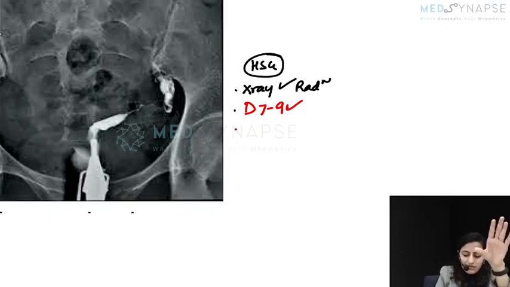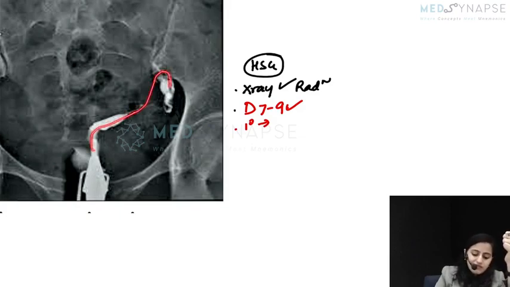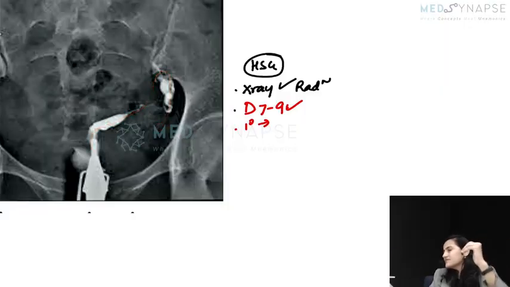The primary indication of doing HSG, is it to look for the uterine abnormality, whether it is unicornuate, septate or bicornuate? What do we do HSG for? It is not for the uterine abnormality. It is basically for the tubal patency, because this is the investigation which tells me whether the tubes are patent or not.